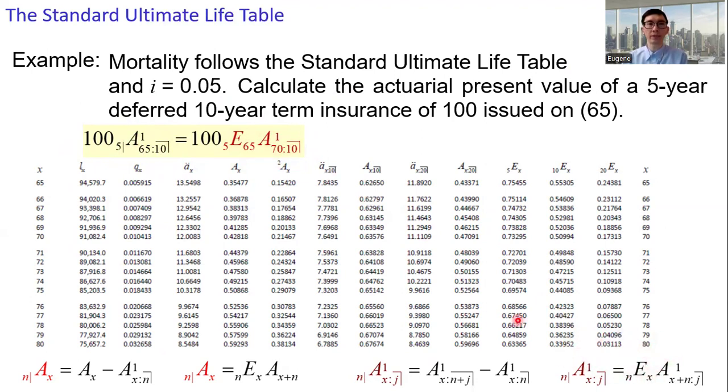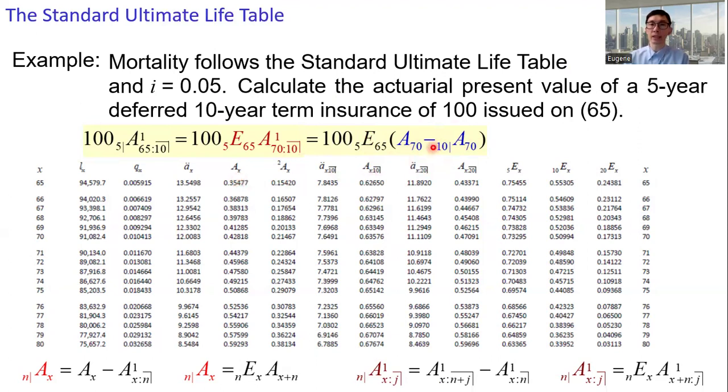All right, so we can get 5E65 along this column, but we need to get the 10-year term insurance. The 10-year term insurance can be expressed as A70 minus 10|A70. In this expression, we can get the value for A70.